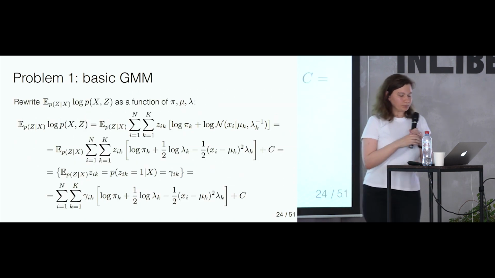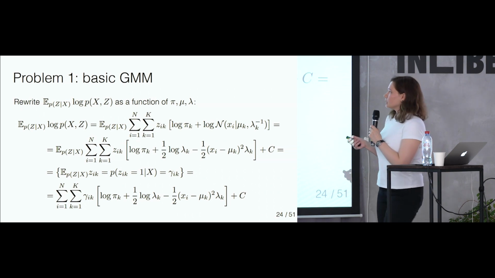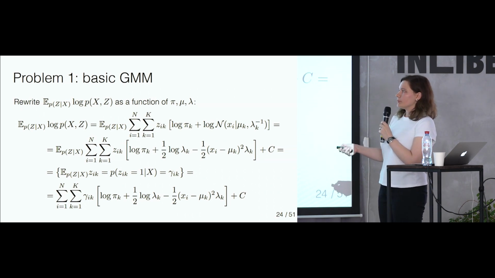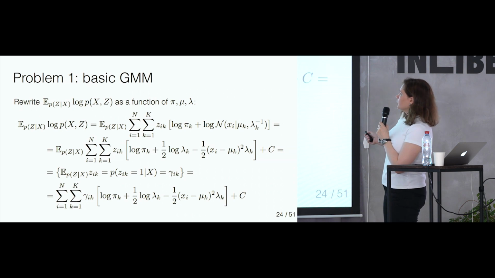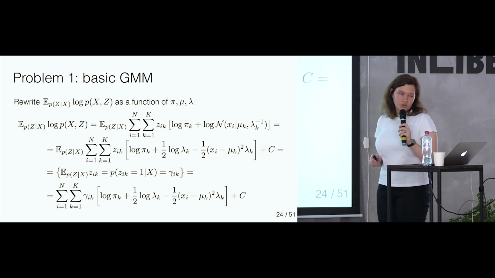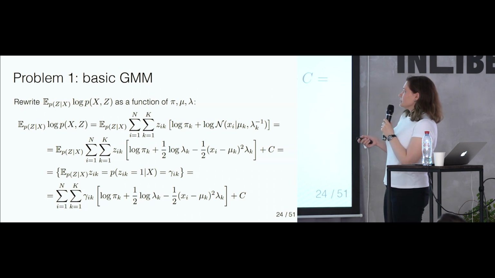This is what we want to optimize with respect to parameters p, mu, and lambda. If you look at your joint distribution, which you have in your problem sets, you see that we take the logarithm and end up with this sum.